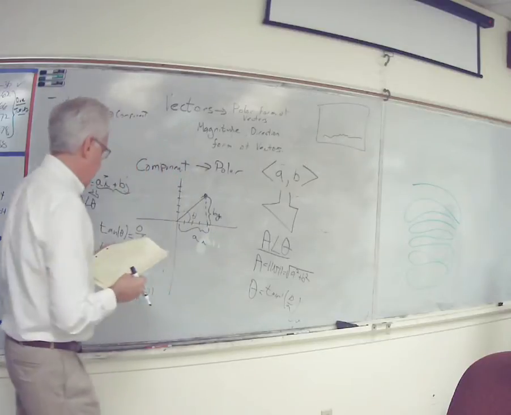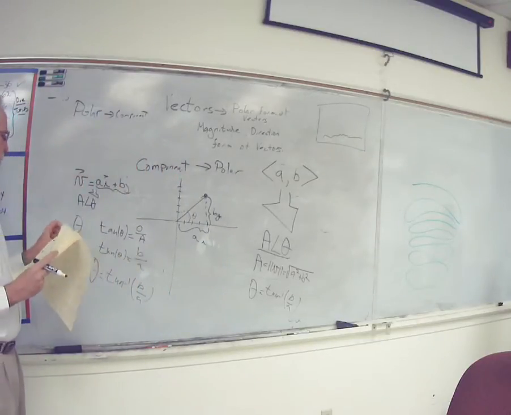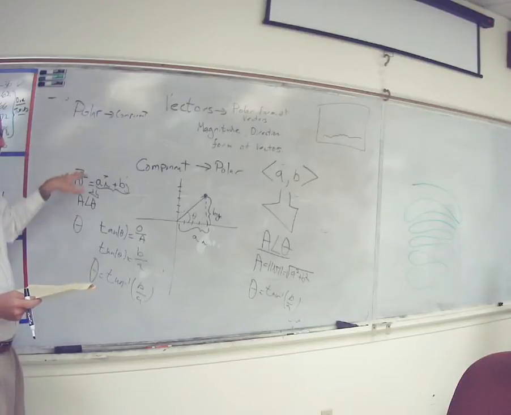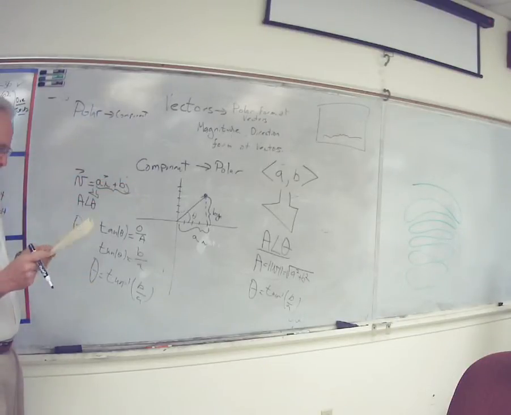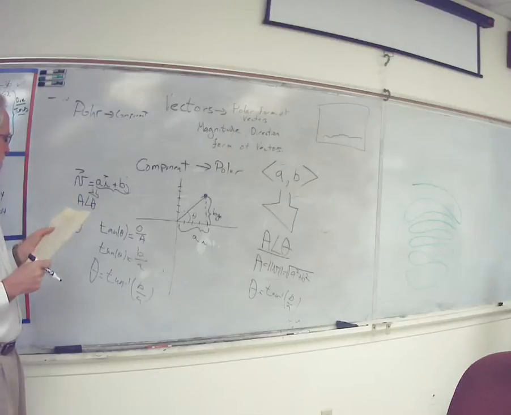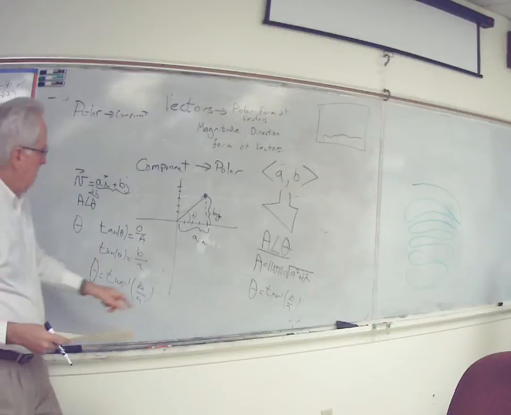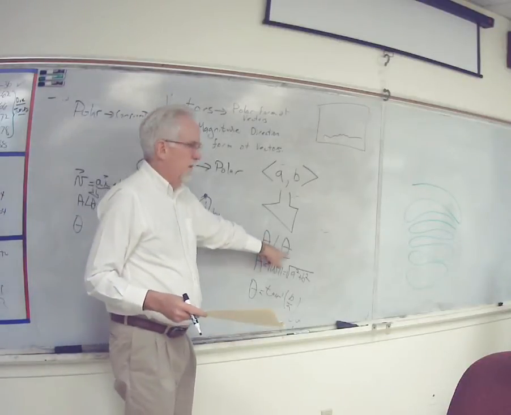So what I've shown you is that you can go from polar to component, or component to polar. Question: you did the whole A equals the magnitude of the vector, then you find what theta is, and then you write it as A at an angle of theta?